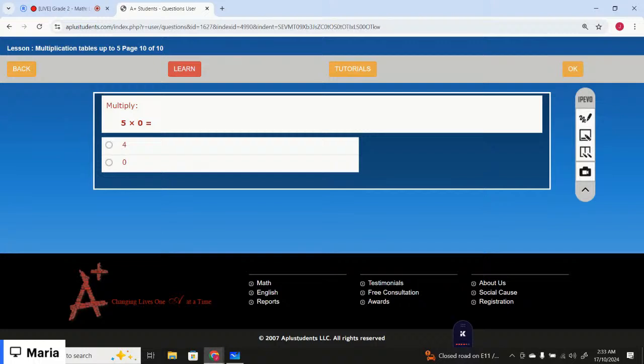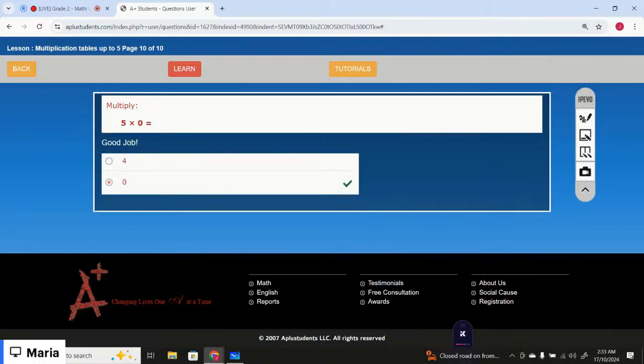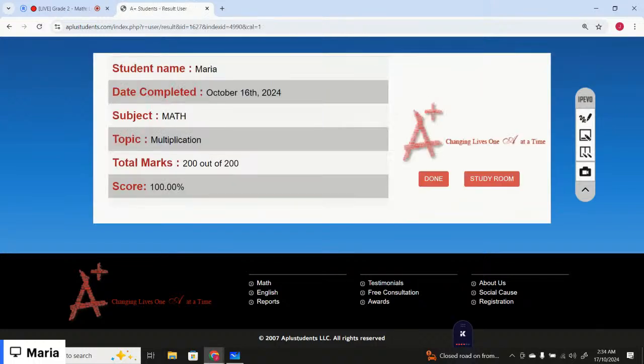Use your common sense. 5 times 0 is 0. So whatever number you are multiplying by 0, the answer is always a 0, no matter what the number is.